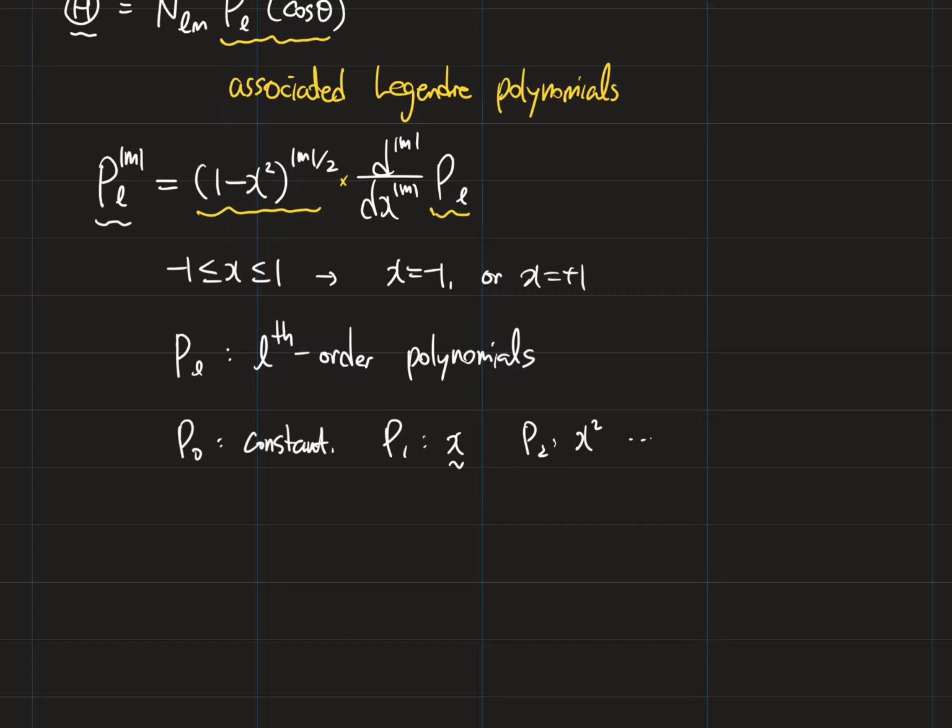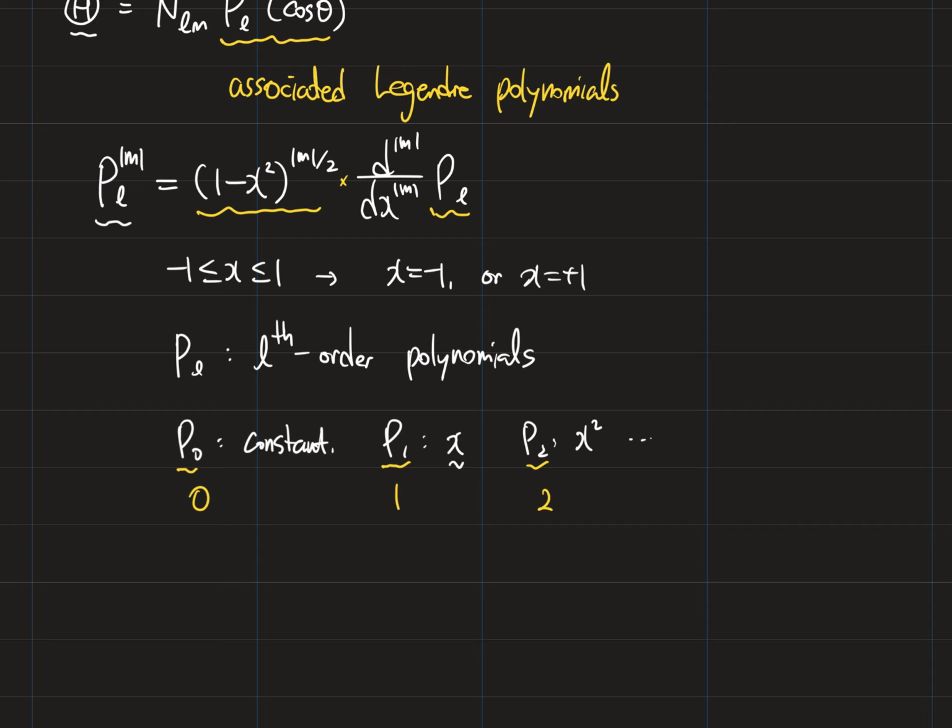So the Legendre polynomial is an L-th order polynomial, and it has L roots, right? So P0 doesn't have any root. What about L equal 1? It has one root, right? And a quadratic function has two roots, something like this.